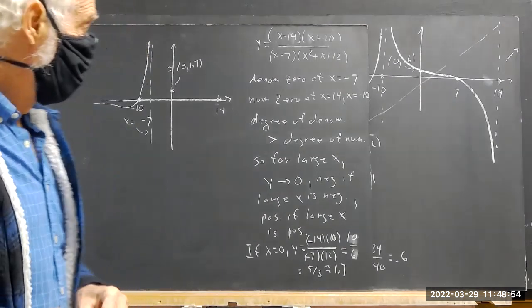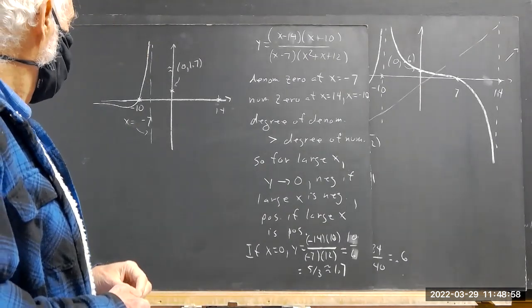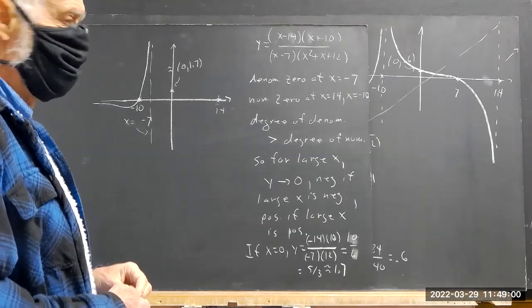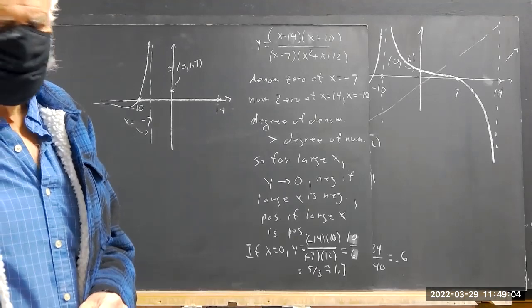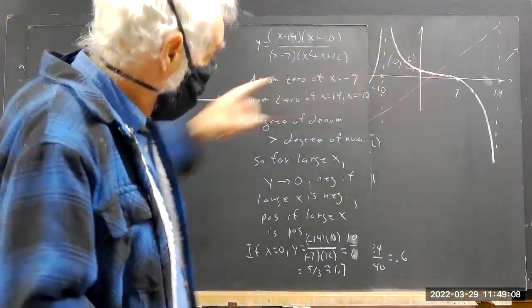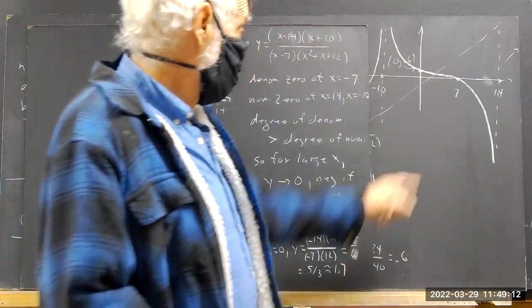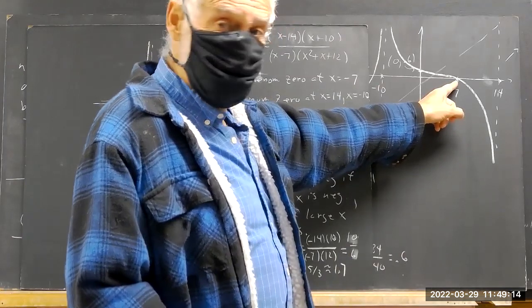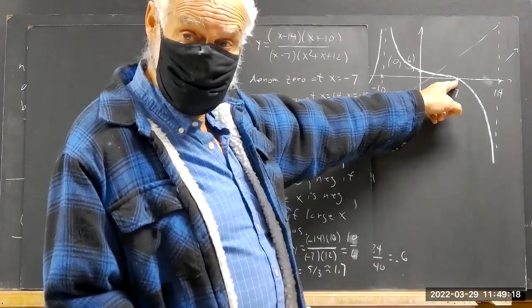Something is wrong. Looking at this graph, I know that this graph is going to be the reciprocal of this, and that the asymptote therefore has to be when y is 0, which occurs when x equals plus 7.